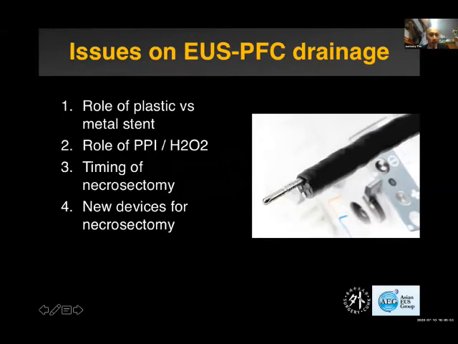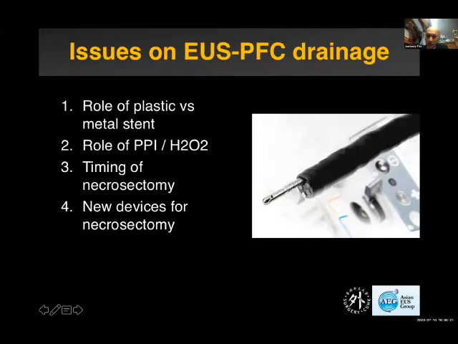Firstly, whether the newly available metal stent actually provides additional advantages over plastic stent, and the role of PPI versus H2O2 in terms of reducing the need for necrosectomy. After drainage, what is the timing for necrosectomy, and also some newer devices, which are not really designed for EUS but are related, are devices for necrosectomy.